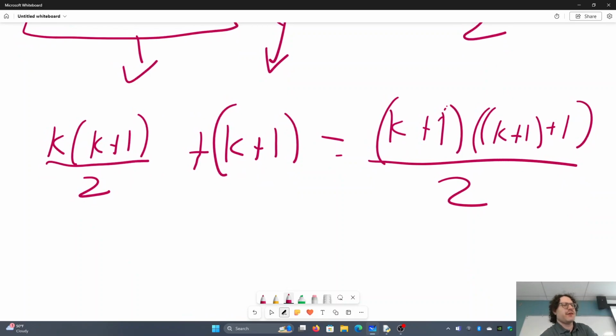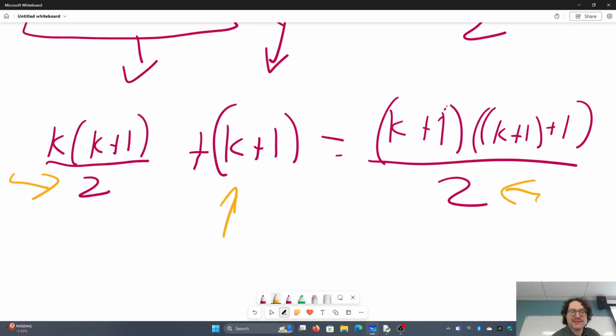So this is a bit annoying over here. I've got this big fraction over here, I've got this 2, and this guy does not have a 2. And I'd very much like him to have a 2 so that they could both be fractions and I could merge them together, right? Make sense?